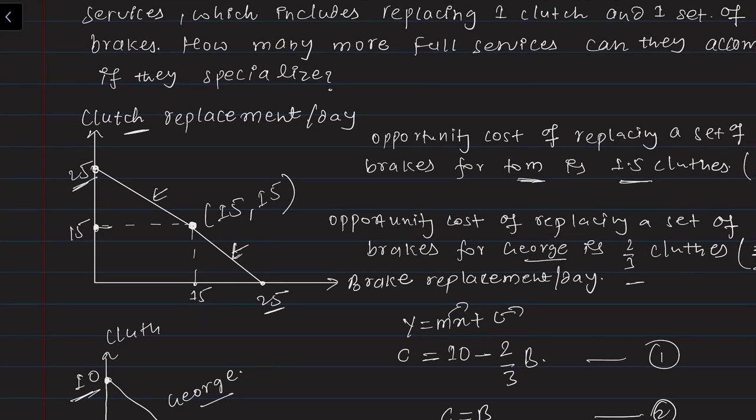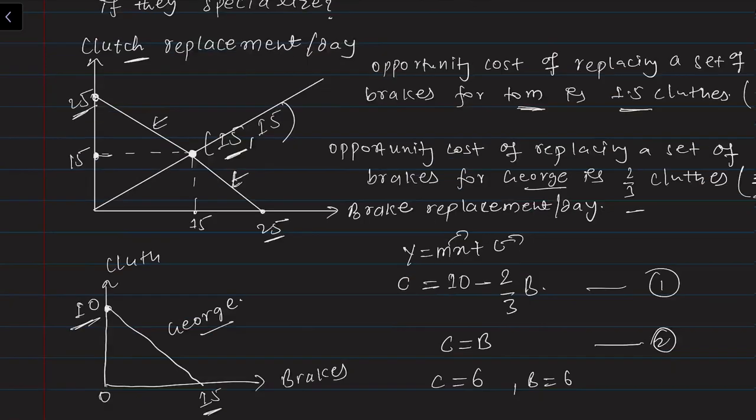So when we draw the line passing through the origin at a 45 degree angle, the line will pass through this kink, and the intersection of this line and the PPC gives us the units of full services that they can do together, which is 15 units.